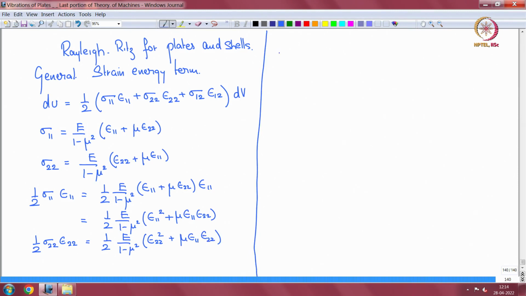And so the dU is rewritten as E by 1 minus mu squared times epsilon 11 squared by 2 plus epsilon 22 squared by 2 plus mu epsilon 11 epsilon 22, plus G by 2 epsilon 12 squared, dV.